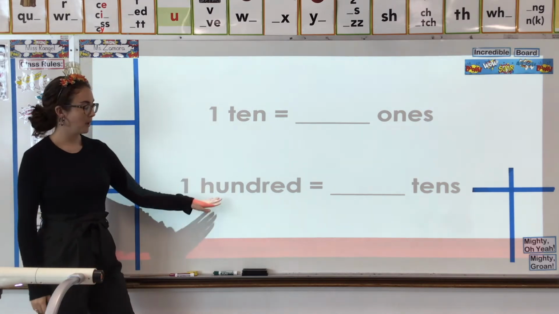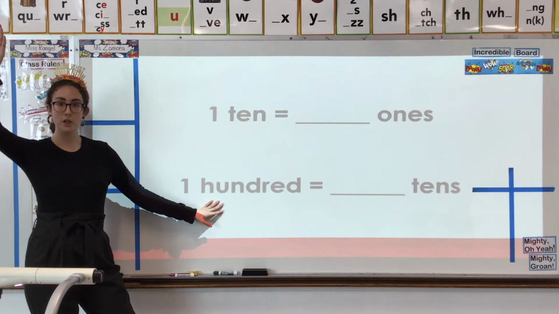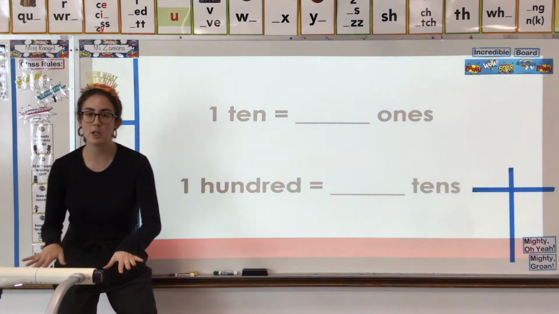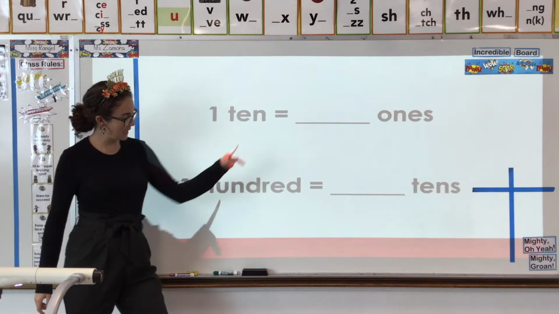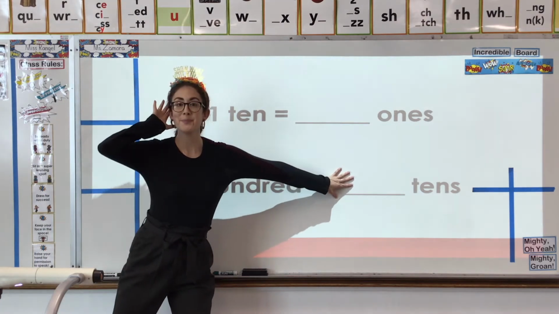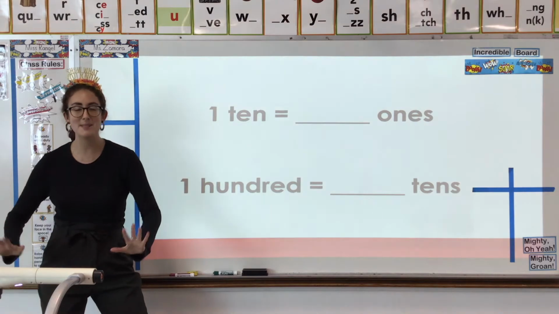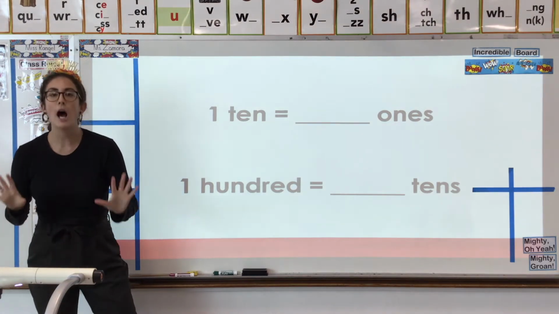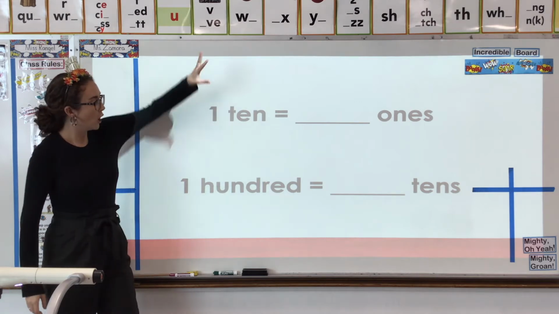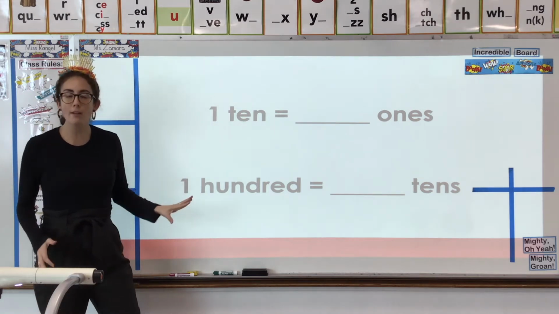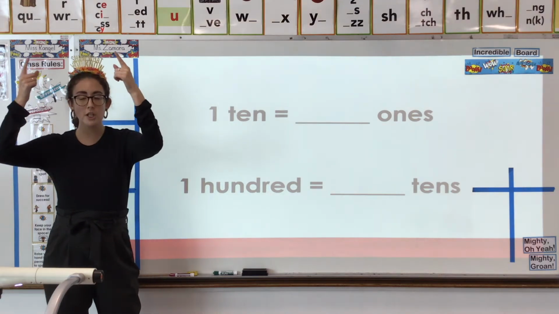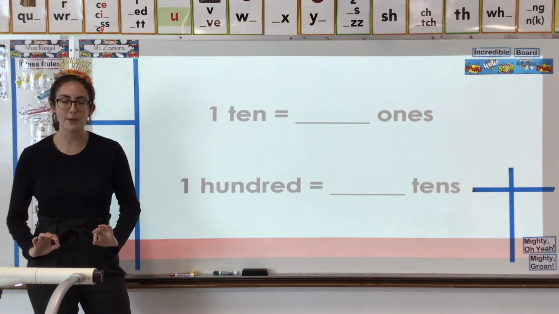So then, 100, our larger unit, equals how many tens? Our smaller unit. 100 is 10 tens because 1 of a larger unit equals 10 of a smaller unit. So this is the same knowledge as yesterday. We're just switching it, starting from larger and going to smaller.